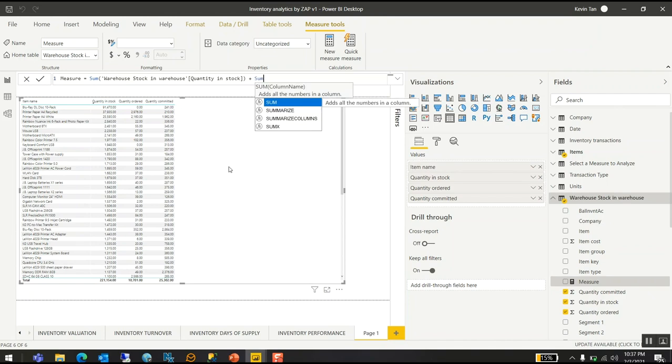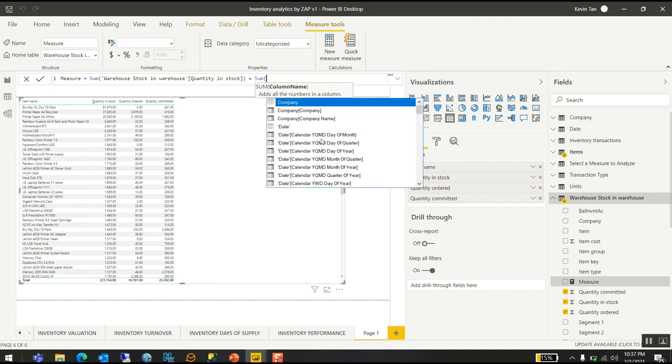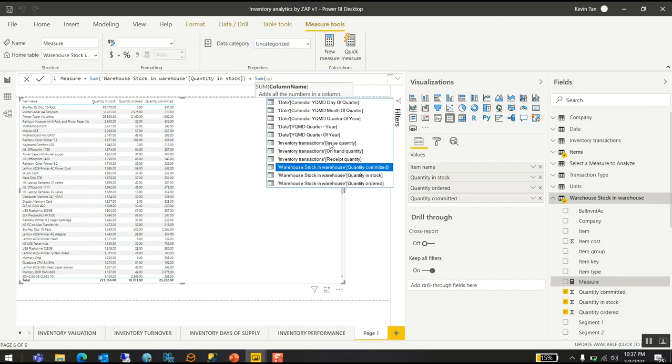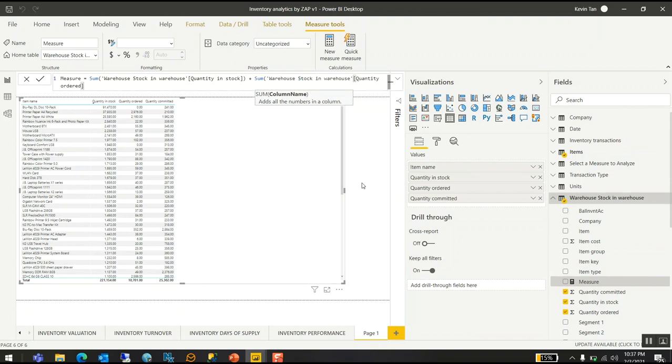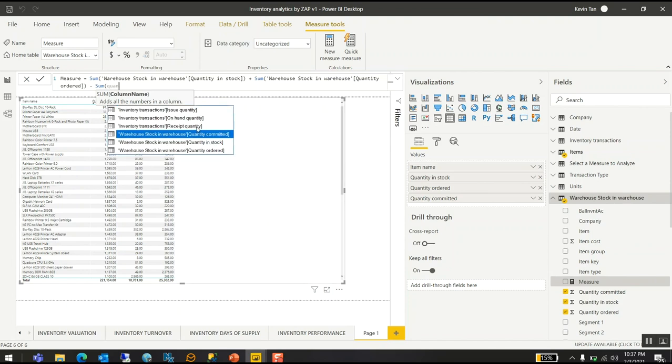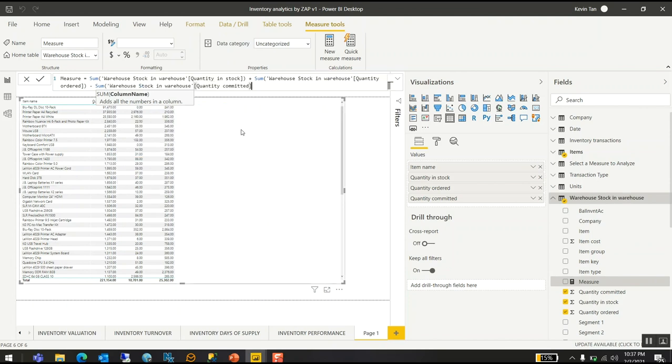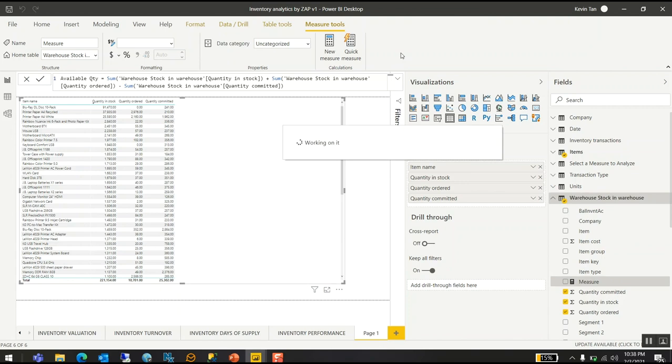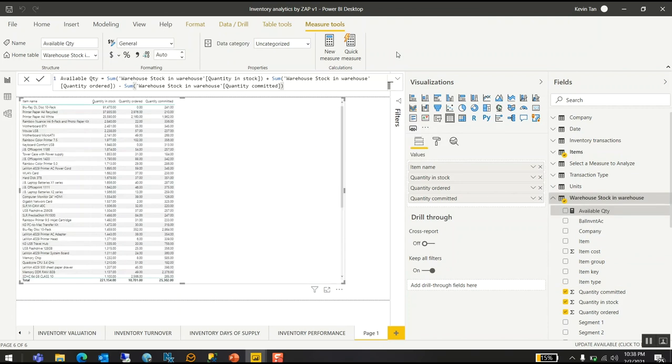So let's go into sum again. We look into keyword search, quantity ordered. Close the parentheses. And this time minus sum of my quantity committed. That will be my availability, and close that. And this measure will be named available quantity. Okay, once ready, it automatically creates that measure for us.